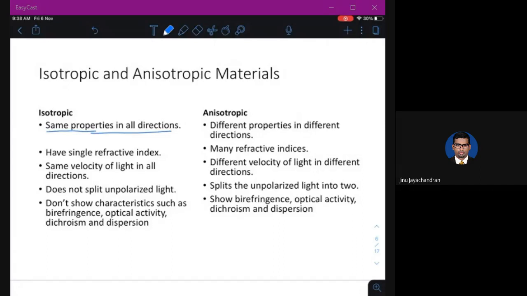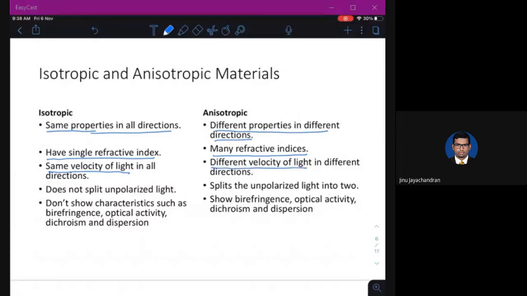But for an anisotropic material, the properties are different in different directions. In isotropic materials, you have a single refractive index, but in anisotropic materials, you have many refractive indices. If you look at one direction, you have one refractive index, and if you look at a different direction, you will have a different refractive index. Same refractive index means the same velocity of light. Different refractive index means a different velocity of light in different directions.